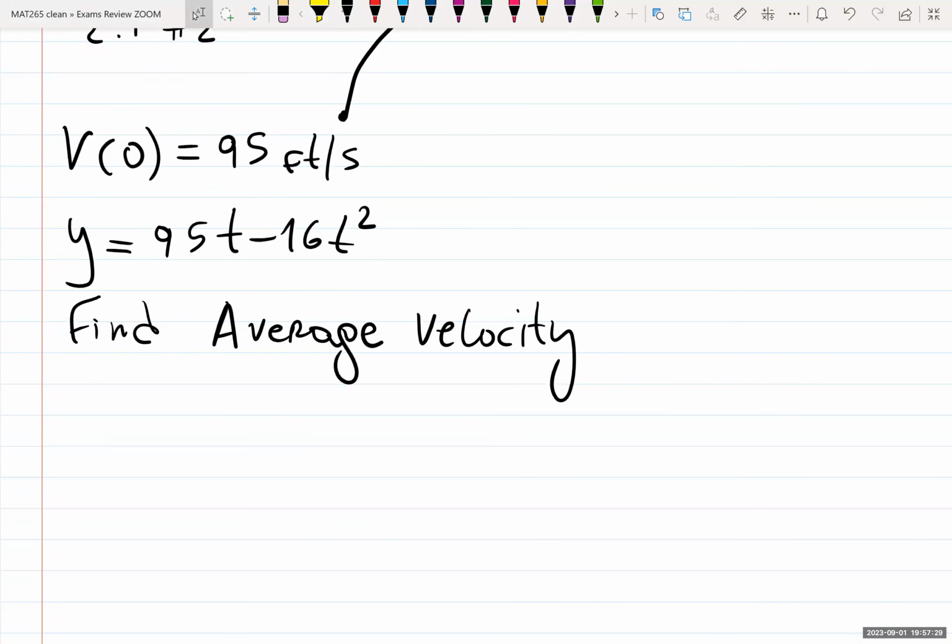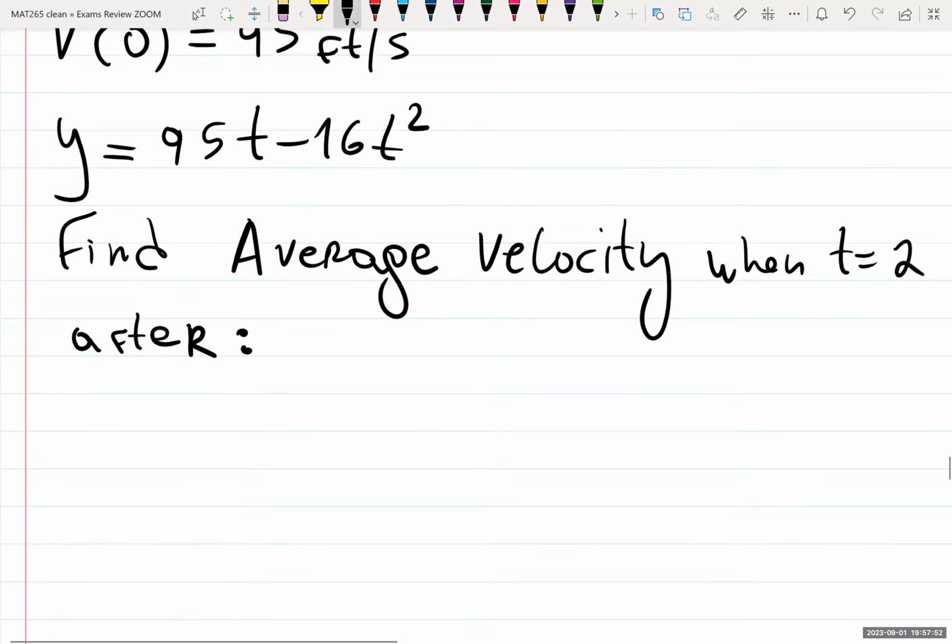Average velocity when t equals 2 and after. That's what lasting means. To be honest, I did not understand it at first. They could use easier language for people like us. Life is already too hard if you need to translate English in the exam.